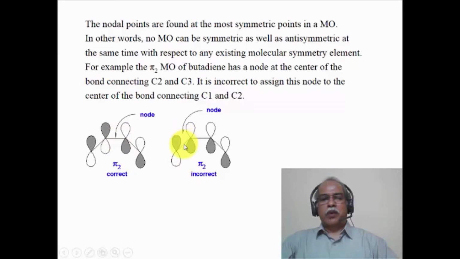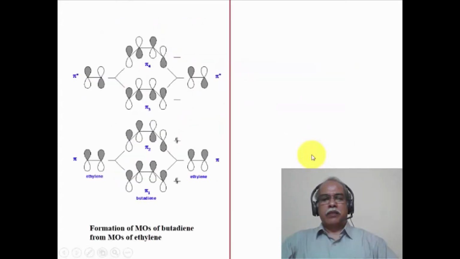In this picture, the nodal point is here, where there is a change in the algebraic sign: from the gray shaded area with the positive algebraic sign to the empty lobe here with a negative algebraic sign, for example.